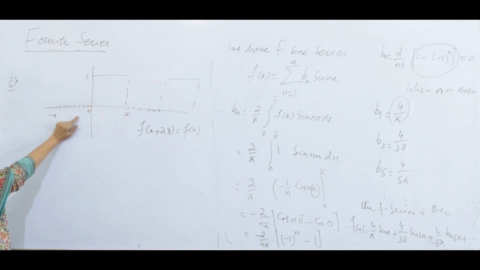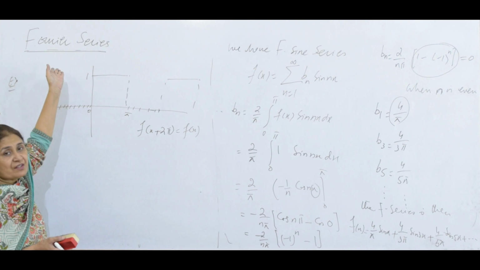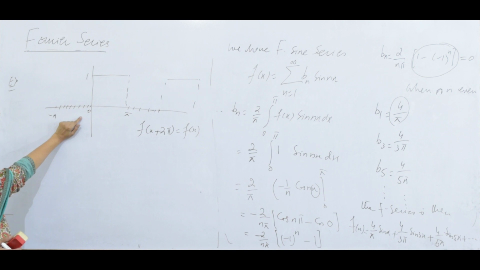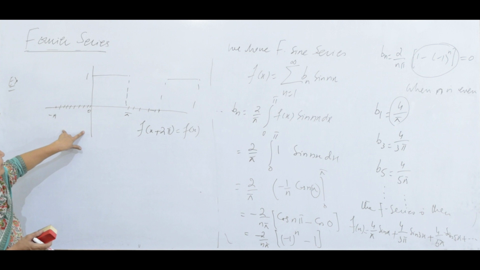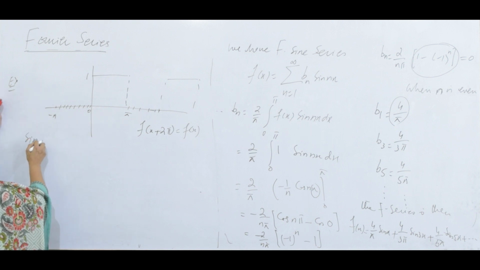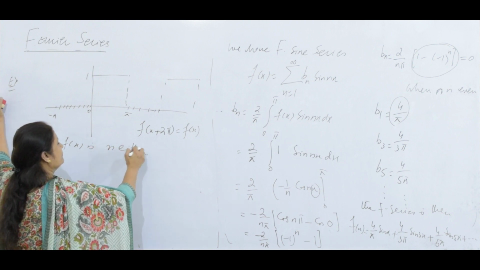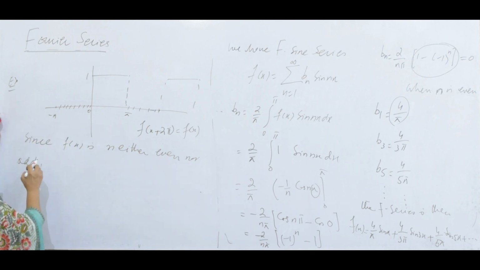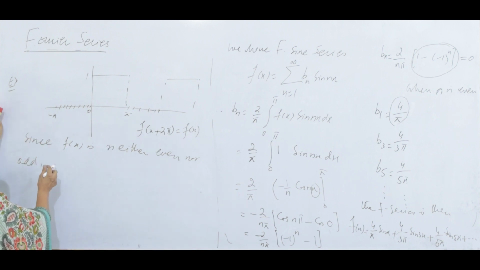Now look at the function, it is neither even nor odd. If you are folding this along the y-axis, this part is there, but there is no part over which it matches. Similarly, it is not symmetrical about the origin. If it were, there must be a part coupled here. So, since f of x is neither even nor odd, for neither even nor odd, we have to calculate all the coefficients.